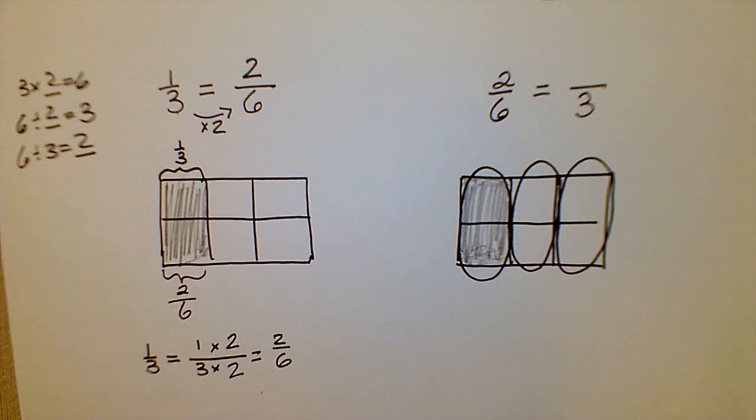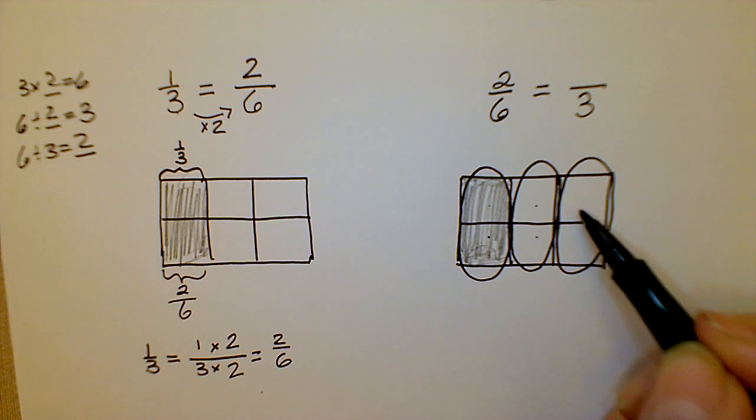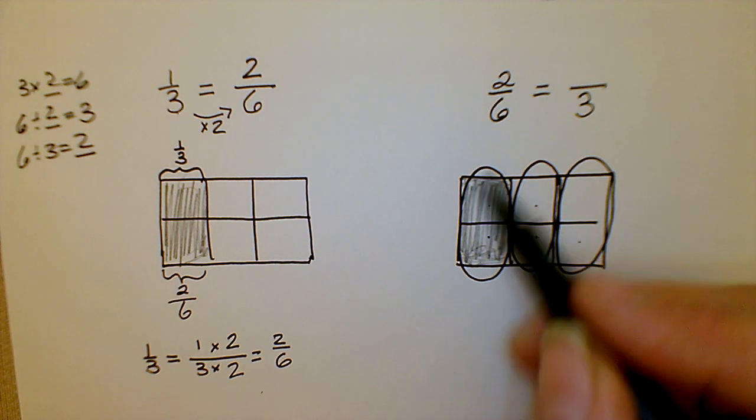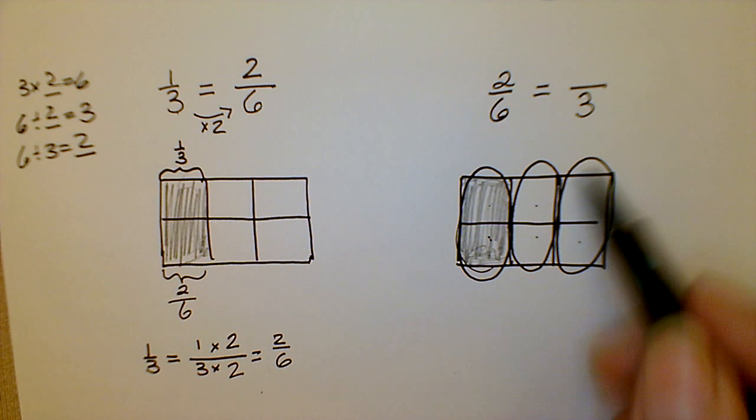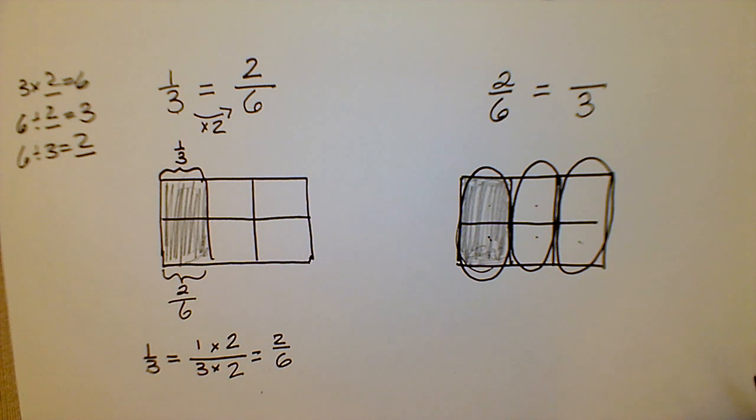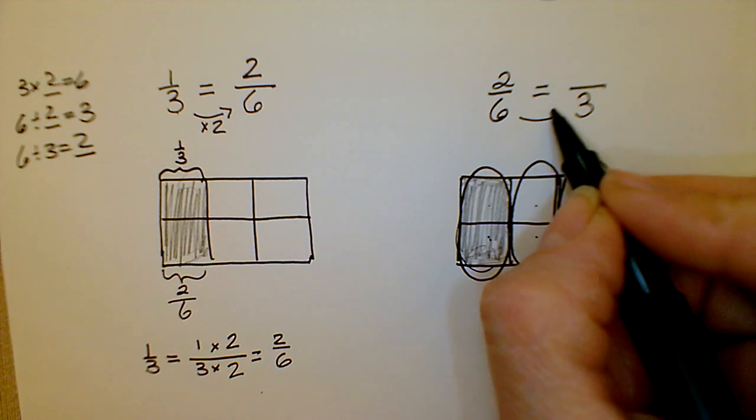And what I'm doing is I am making groups of 2 to do that, because you can see I have 2 pieces in each one of these groups. So here's a group of 2, 1, 2, here's a group of 2, 1, 2, and here's a group of 2, 1, 2. So really what I did was, when you make these groups, the size of your groups, that's what you're dividing by today.